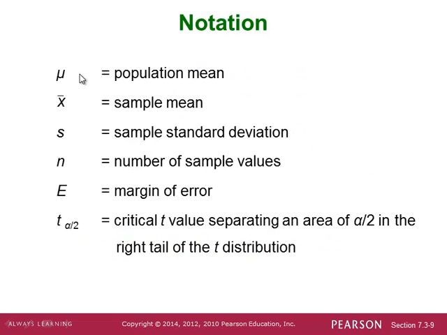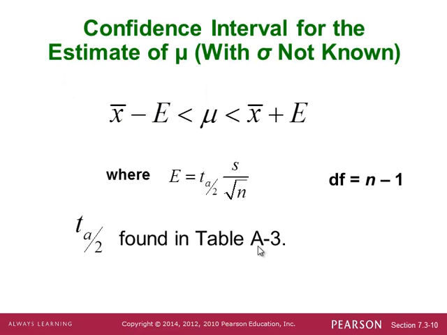Here's the listing of the alphabet soup, the notation that we're going to be using. Mu, of course, is the population mean. X bar is the sample mean. S is the sample standard deviation. N is the sample size. Capital E is the margin of error. And t sub alpha over 2 is the critical t-value, separating an area of alpha over 2 in the right tail of the t-distribution, similar to our discussion for z sub alpha over 2 from last time.